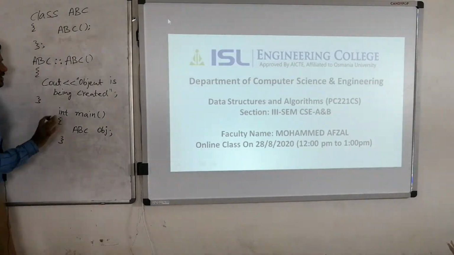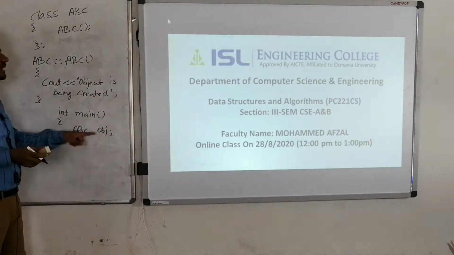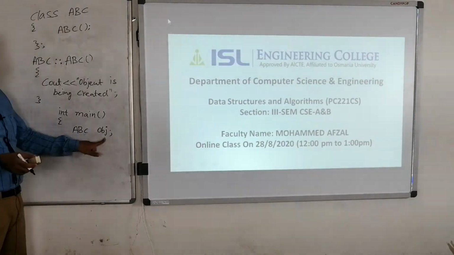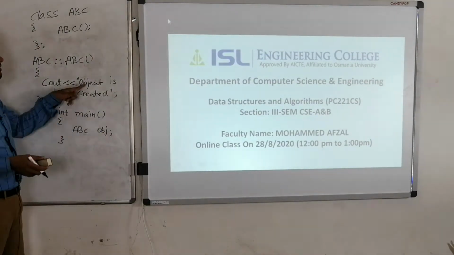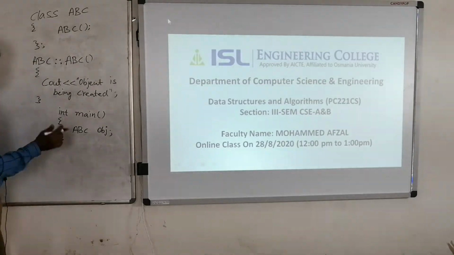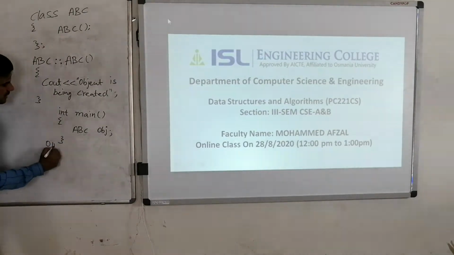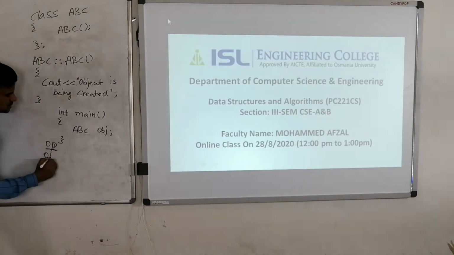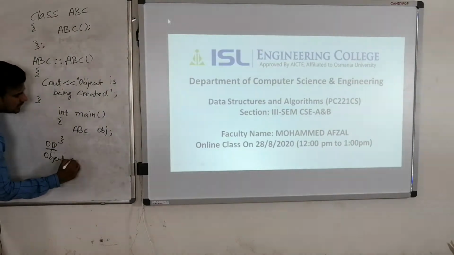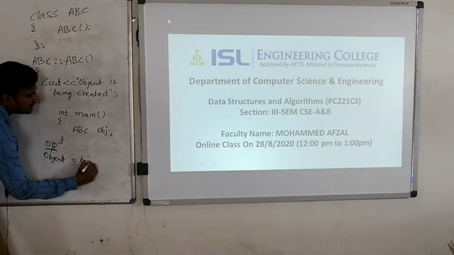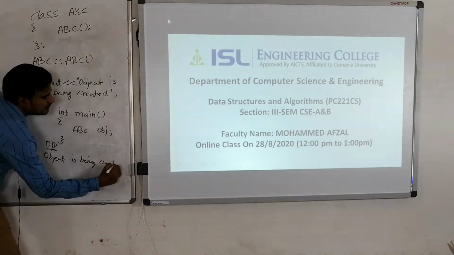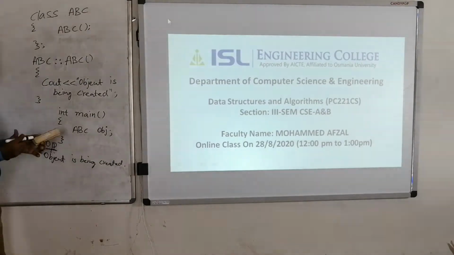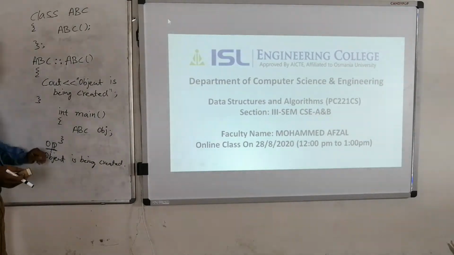Doing so is enough. If you do it like this, it will automatically invoke your constructor. When I am creating the object, the creation of the object itself invokes the constructor. So what will be the output of this program? You will get this message: object is being created. Object is being created in the sense that the object is under the construction process, isn't it?